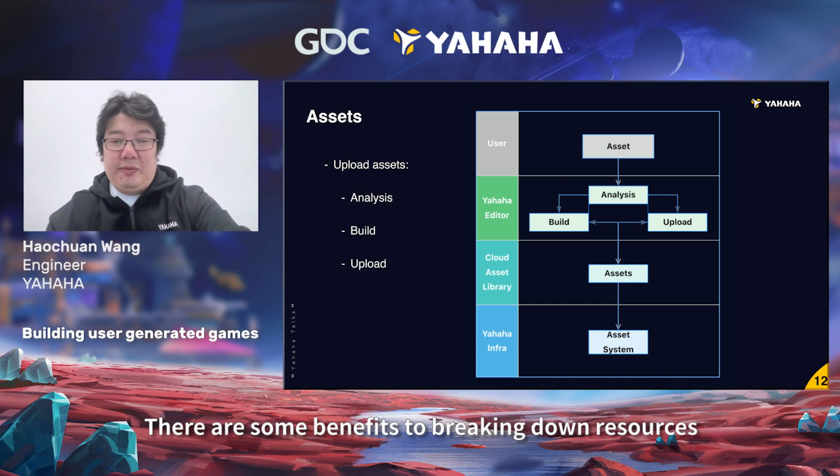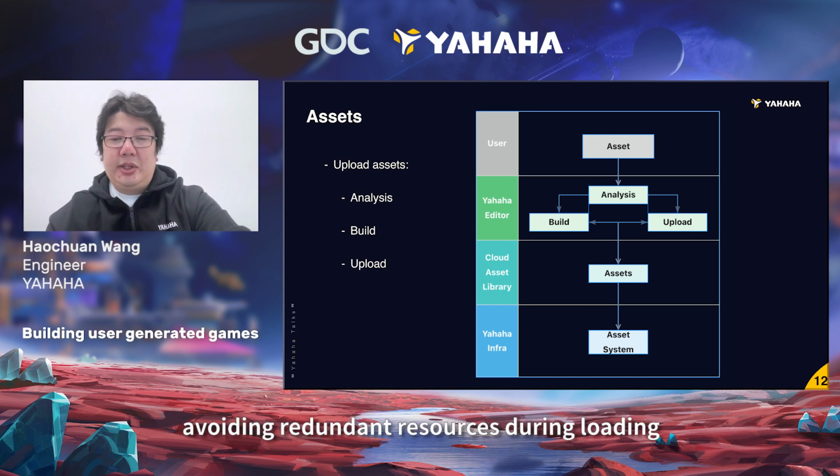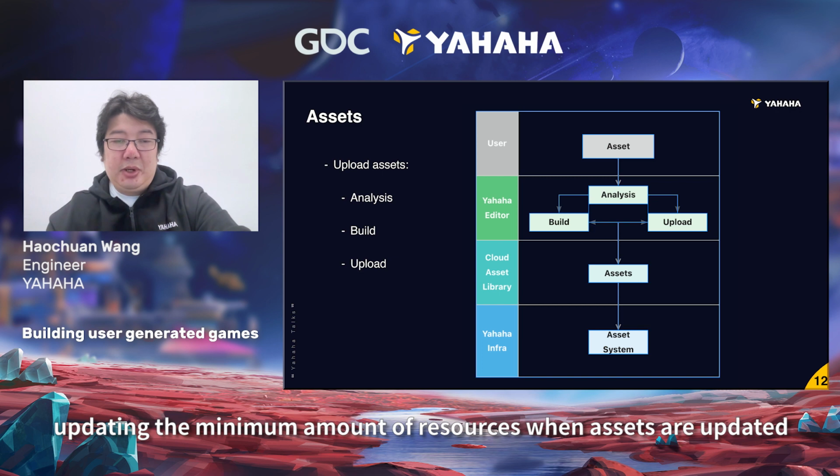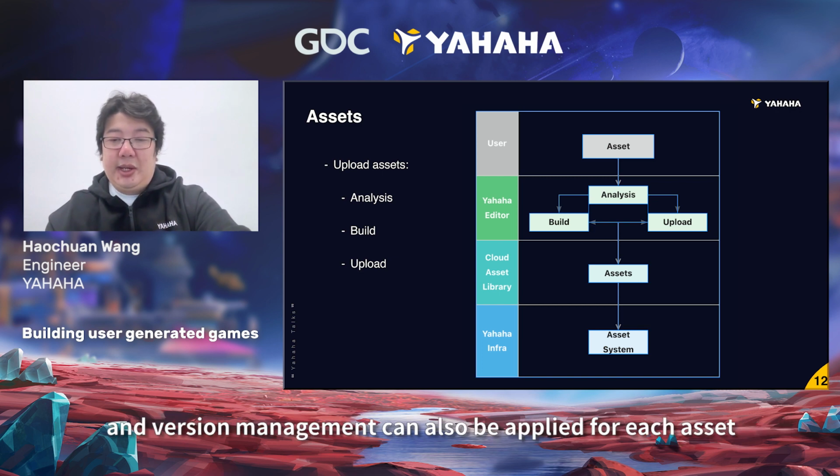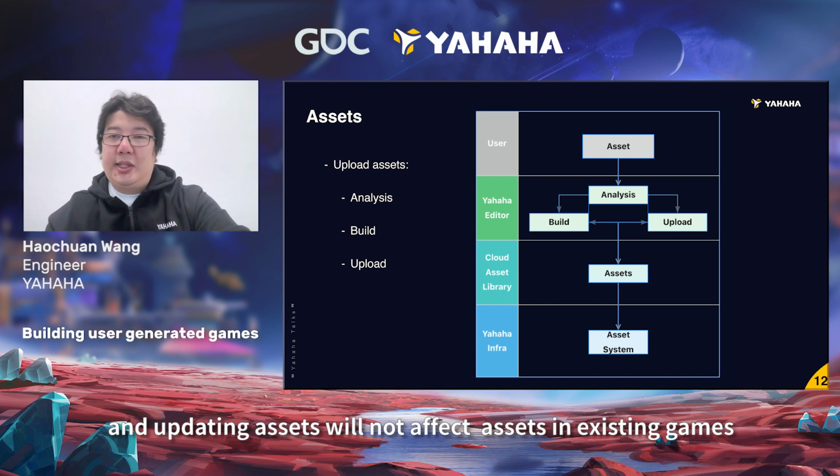There are some benefits to break down the resources, such as reducing dependencies, avoiding redundant resources during the loading, updating the minimum amount of resources when assets are updated, and the version management can also be applied for each asset. And updating assets will not affect assets in existing games.